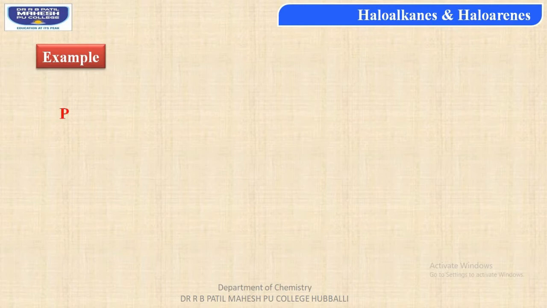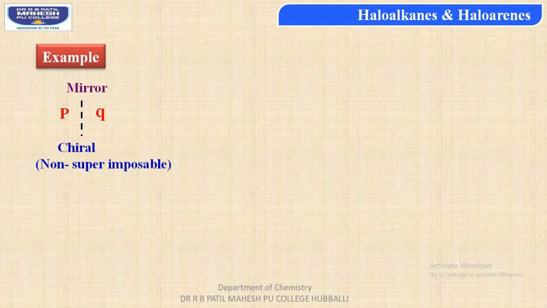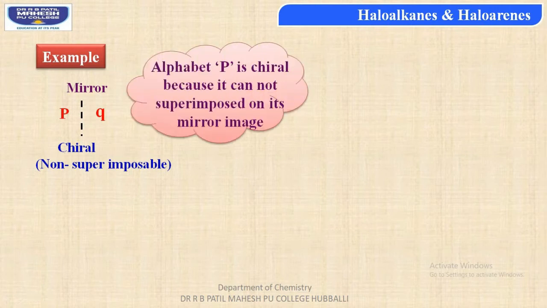The alphabet P, the mirror image of this would be Q. Alphabet P is chiral because it forms non-superimposable mirror images. Thus, students, alphabet P is chiral because it is not superimposable on its mirror image.